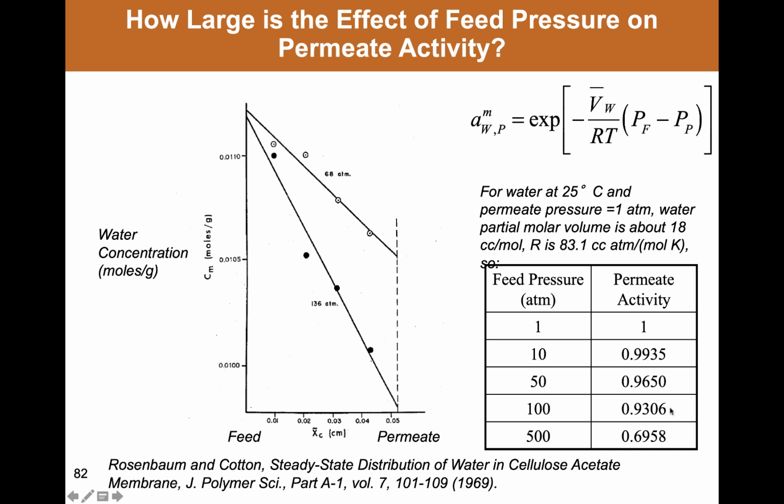And by the time we get to around a feed pressure of 100, which would be about the top pressure you would see in desalination, the activity of water at the permeate side has dropped from 1, since it's being equilibrated with pure water on the permeate side, to about 0.93. So is this a big deal?